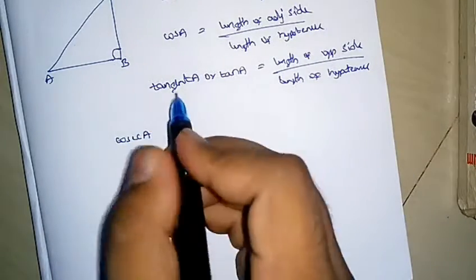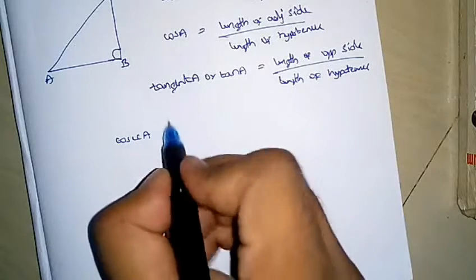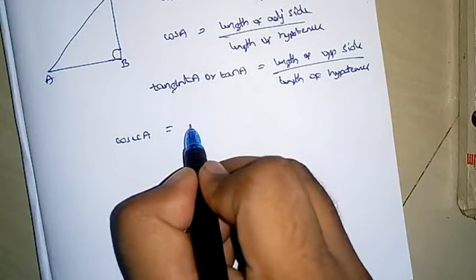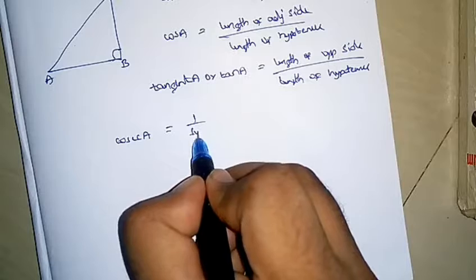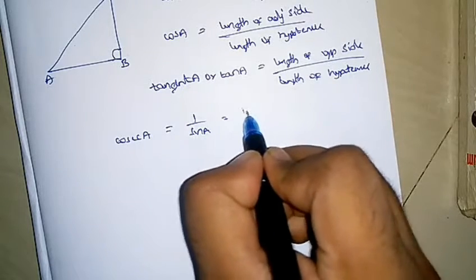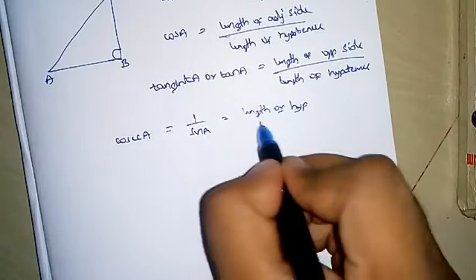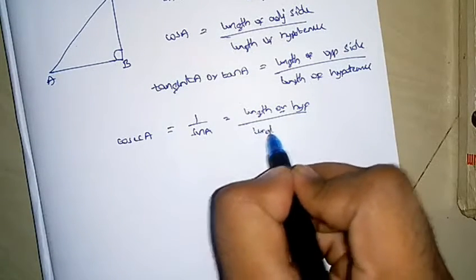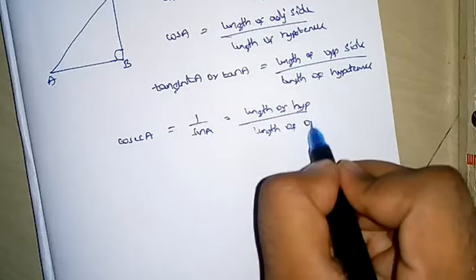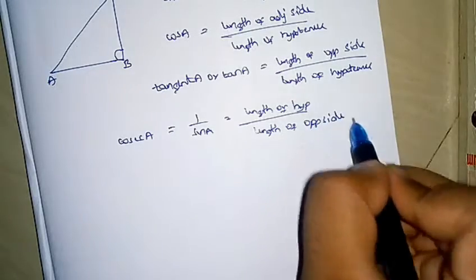Next is cosecant A, or simply cosec A. This is the inverse of sin A, 1 by sin A. So it will be equal to length of hypotenuse by length of opposite side.